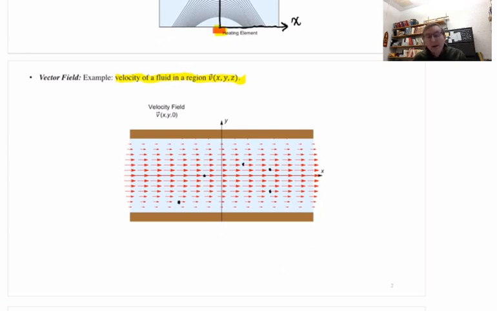This picture is showing a bunch of those arrows to represent the velocities at the points where the tails of the arrows are. And the arrow has a length, a size to represent its magnitude. The bigger the arrow, the bigger the magnitude. And it has a direction to show the direction of the velocity. And at every point in the region where the water is, you've got a vector quantity, a velocity, with a magnitude and a direction.